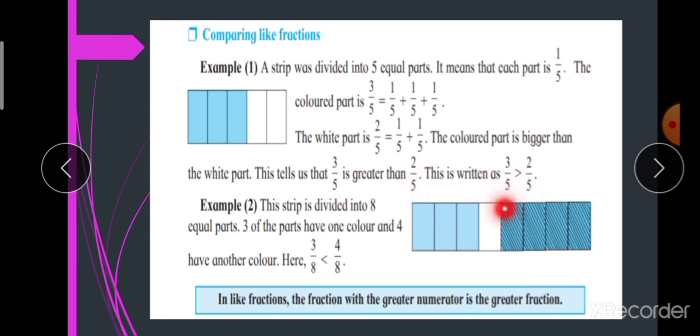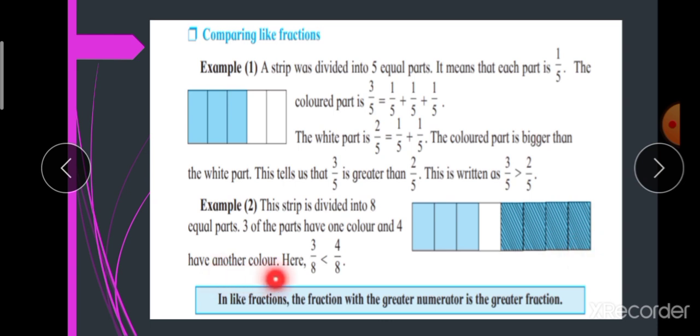And if the strip is divided into 8 equal parts, 3 parts have one color and 4 parts have another color. So here are 3 parts and here are the other parts.